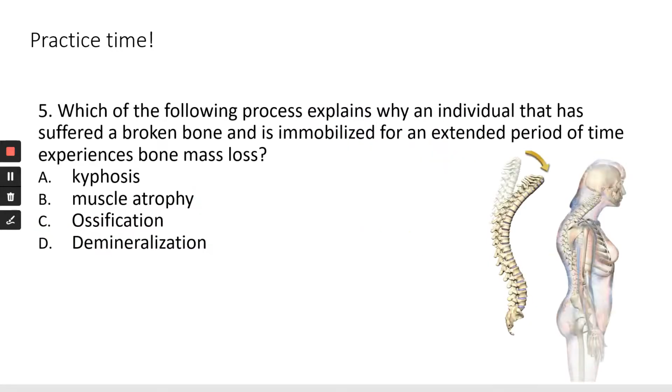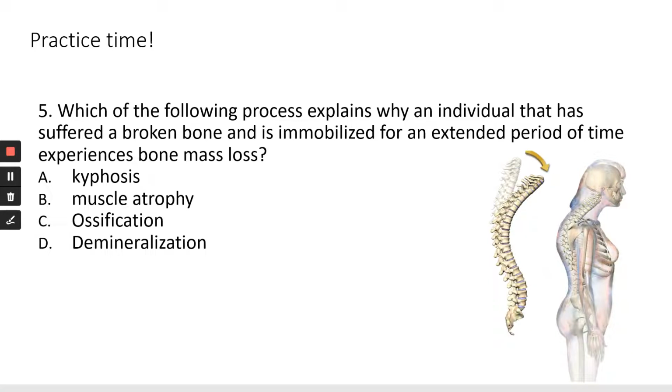Right? Question 5. So this is kind of a long question. Which of the following processes explains why an individual that has suffered a broken bone and is immobilized for an extended period of time experiences bone mass loss? So remember, we talked about that the bone is actually a tissue that's very dynamic, right? So it goes through resorption and building all the time.